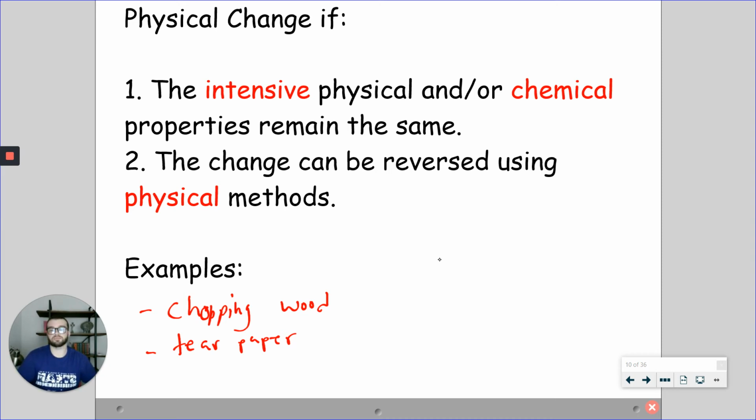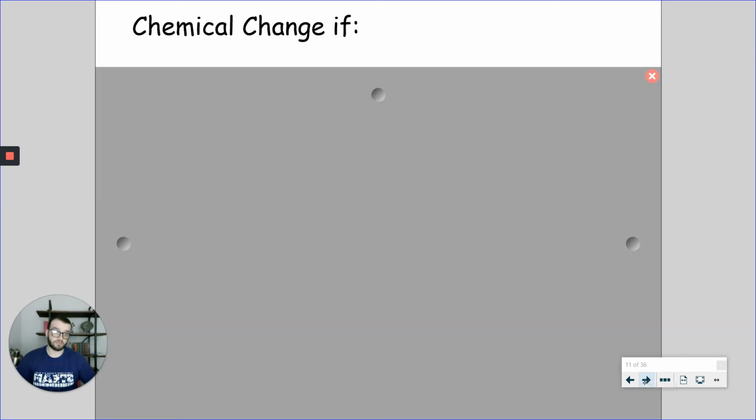One more example. Breaking glass. I'm not going to shatter anything. If I shatter a glass vase, yeah, there's a million pieces, but I can still technically put that vase back together. I'm probably a little too lazy to do that though.